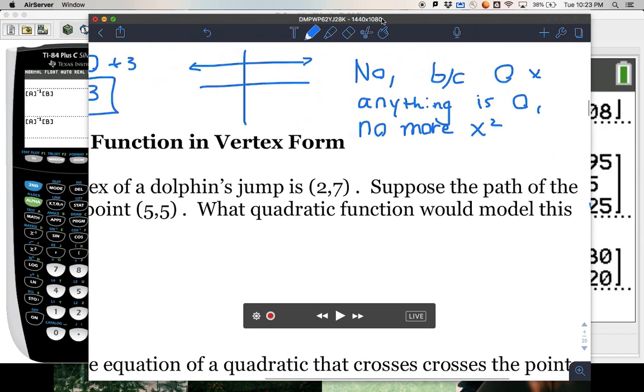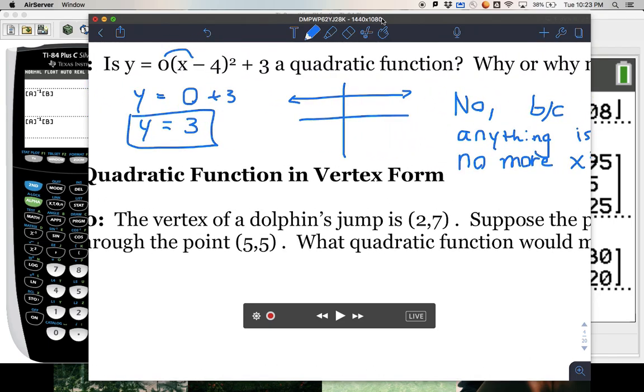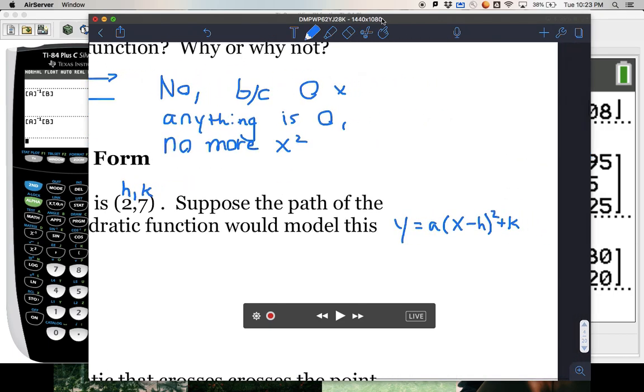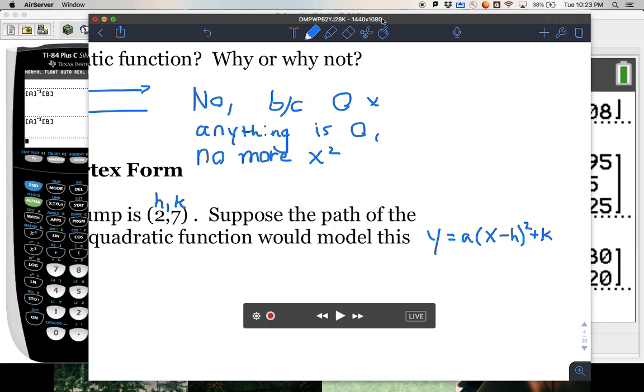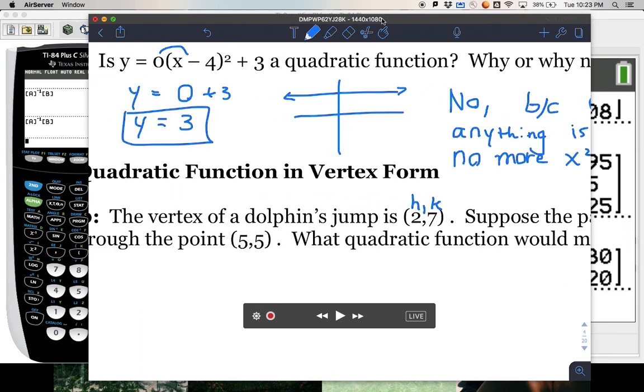Now the whole idea is they told us specifically the vertex was this point right here, so that's our h and k. So we can write most of this. The only thing we really don't know is this a value. To get the a value, we're going to use the fact that they gave us another point. This will tell us how curved the graph looks.